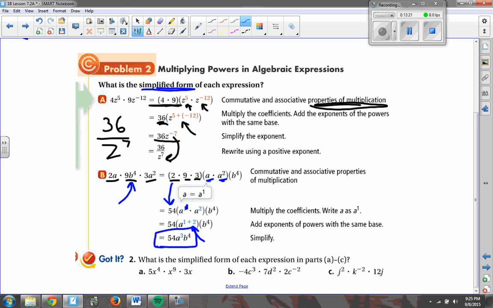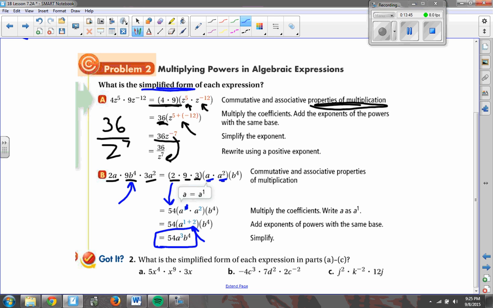Why? Because it was all by itself at the end of our equation or our expression. Okay? So our simplified answer here actually has 3 parts now. It has a number, an a, and a b. Okay? 54a to the 3rd, that came from our power exponent rule, times b to the 4th, which we had to leave alone. All right?